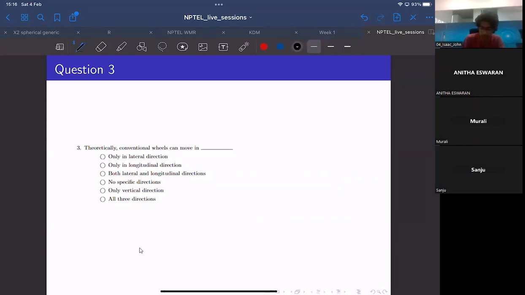If you consider a traditional wheel, it would be actuated using motors. If this is the wheel axis, you would actuate the wheel using motors aligned in parallel to this shaft.